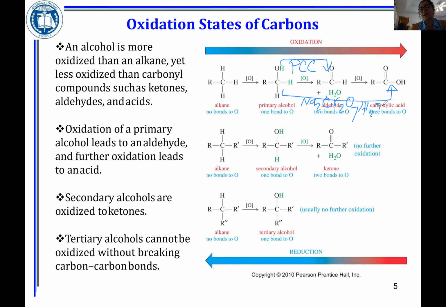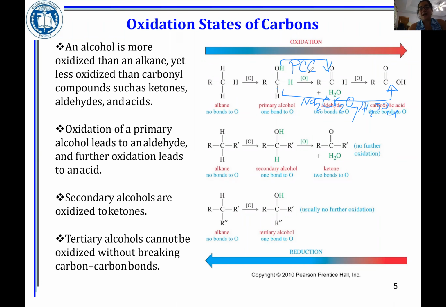You mix the two together, and this is the strong oxidizing agent. If you use sodium dichromate with sulfuric acid, your primary alcohol would change directly to carboxylic acid. But if you use a weak one, it will stay at the aldehyde position. Now, that's for primary alcohol.